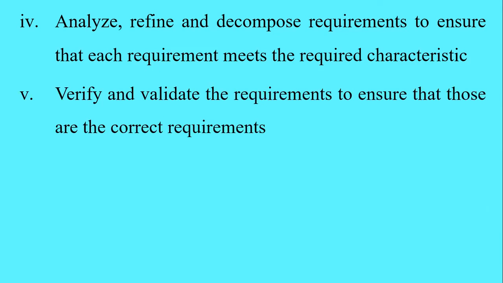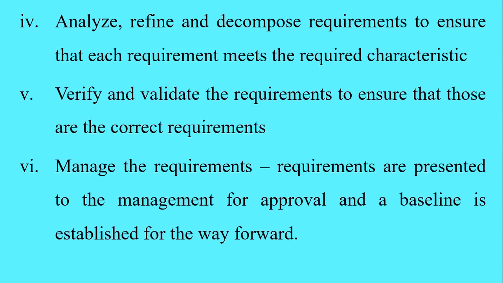Number five is verifying and validating the requirements in order to ensure that those requirements are the correct requirements. Number six is managing the requirements. The requirements are presented to the management for approval, and a baseline is established for the way forward.